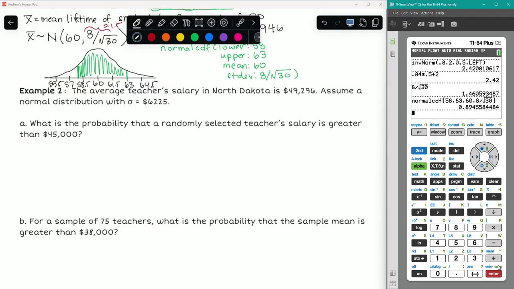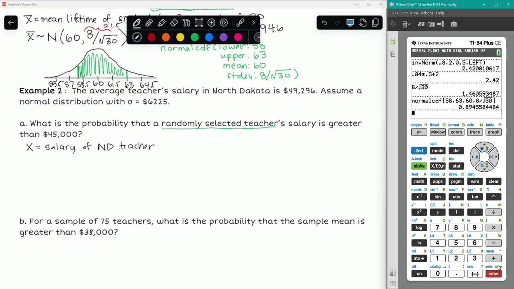The first thing I notice reading this problem is that it says randomly selected teacher's salary and not a random sample of 30 teachers. This is an individual. So X equals the salary of a North Dakota teacher, singular.